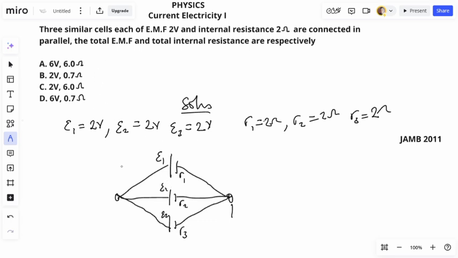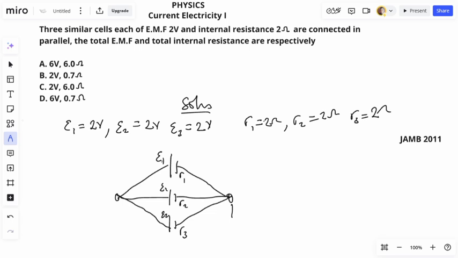So the question is, we should calculate the total EMF and total internal resistance. Total EMF. For parallel connections, the voltage across each device will be the same. That is a rule. Whenever you have a parallel connection, the voltage you read across each device that is part of that parallel connection will be the same.